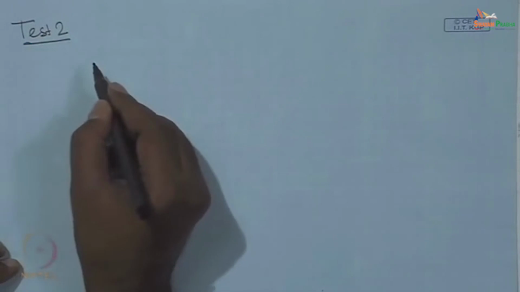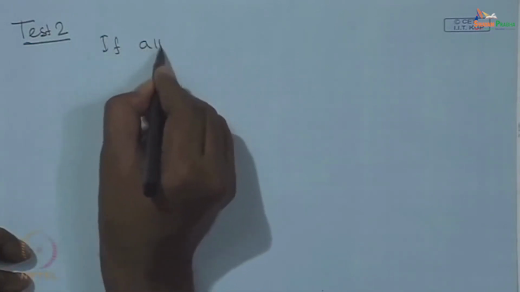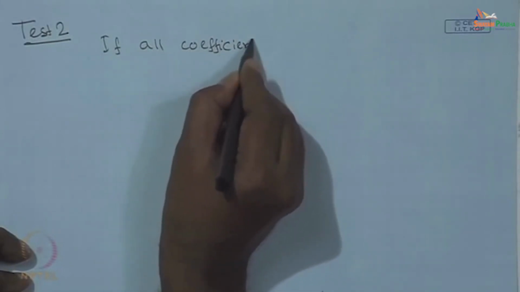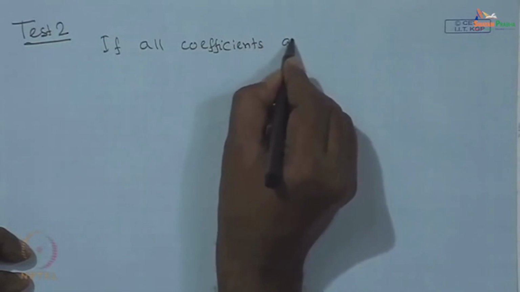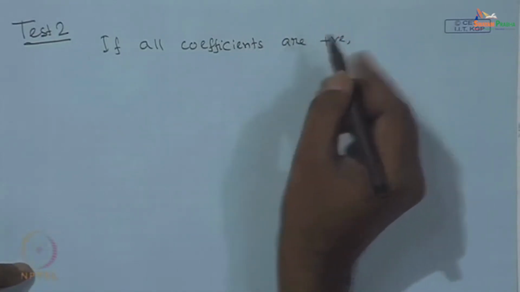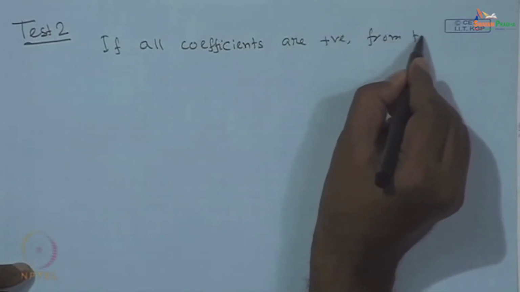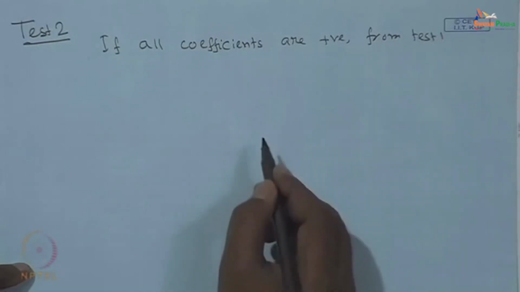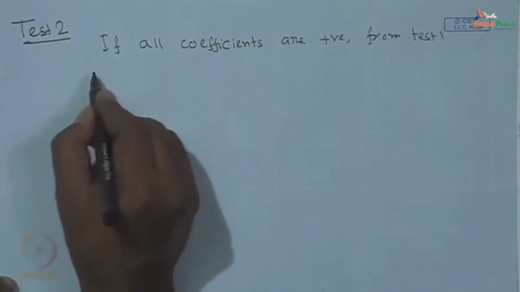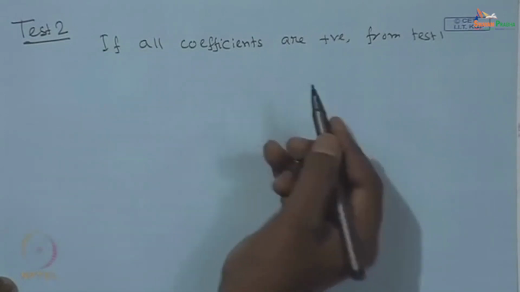Test 2 is that if all coefficients are positive, from test 1 we cannot conclude anything about the location of the root. So, we cannot say whether the roots are positive or negative, though all coefficients are positive.